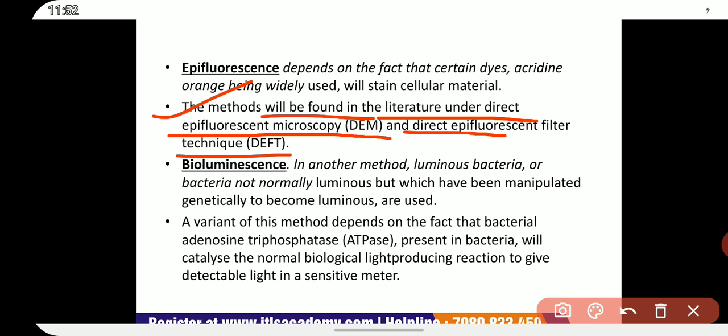In DEFT, the sample being examined is filtered and the residue on the filter is examined as above.